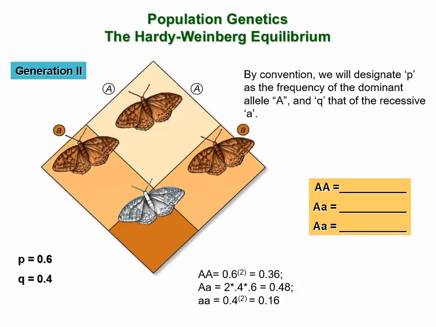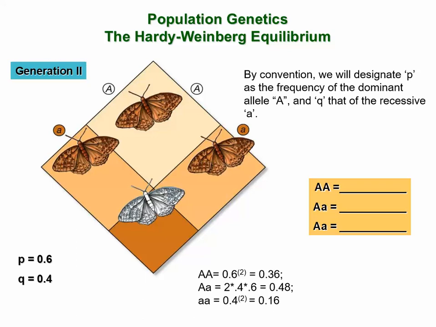Okay, so then the next question we have is, well, if you had some distribution of the frequencies of a genotype and you knew something about the allele frequencies, could you calculate whether it was or was not at Hardy-Weinberg equilibrium? And the answer to that is yes.